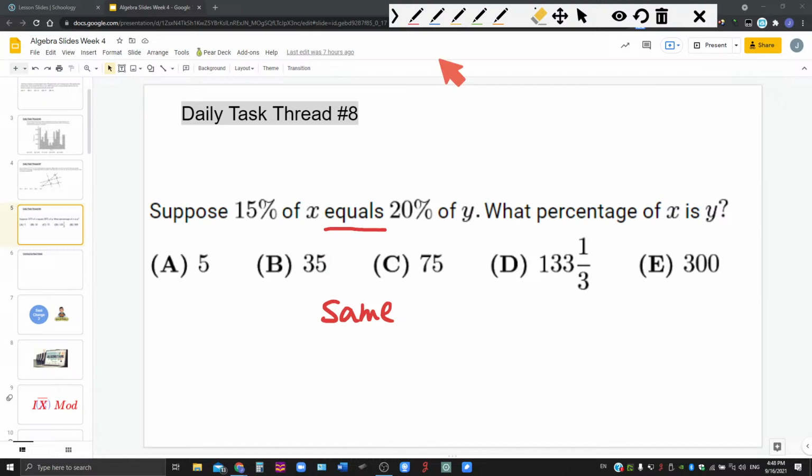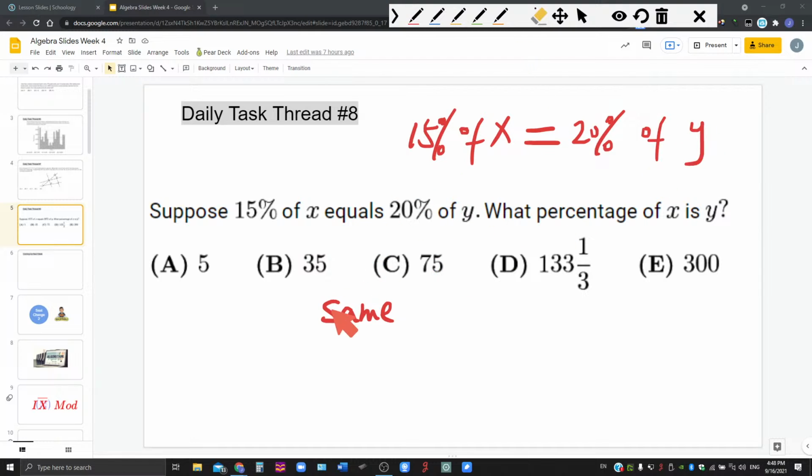That means we have an equation, something that are equal to each other. Now what is equal to what? 15% of x equals 20% of y, right? So that's the information we try to get to translate the problem into a mathematical equation.